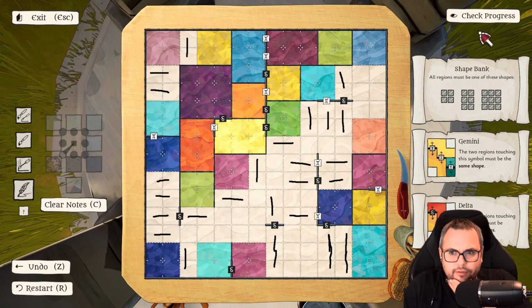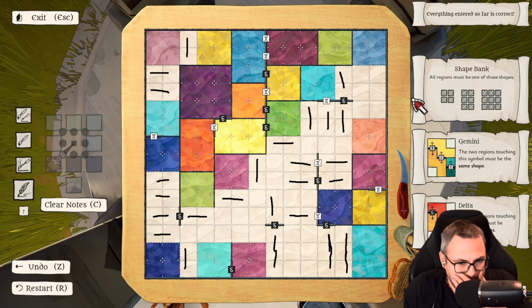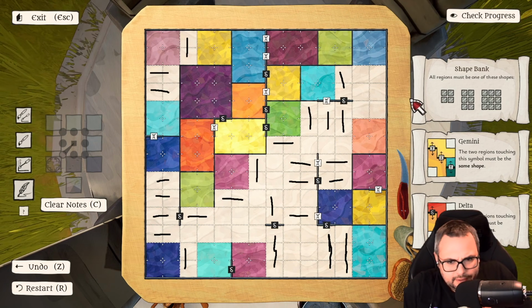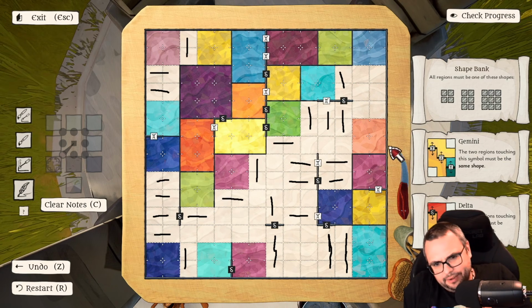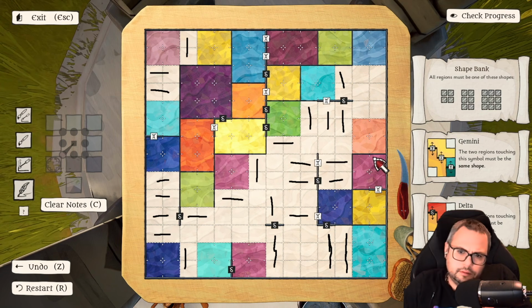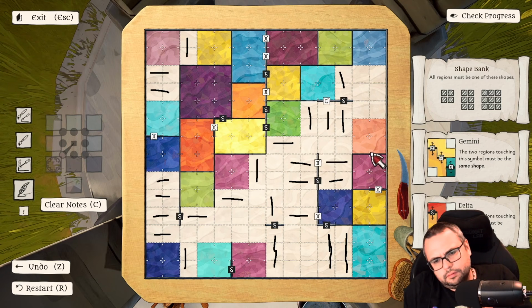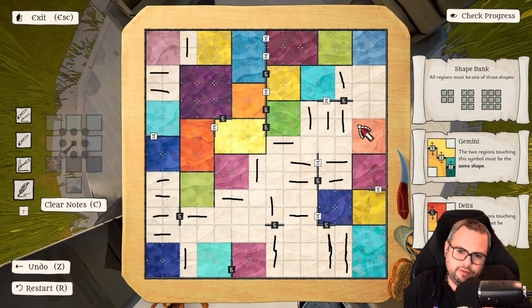Up there, I suspect there's not a lot to disentangle. If red expands this way, it's a 3x3.